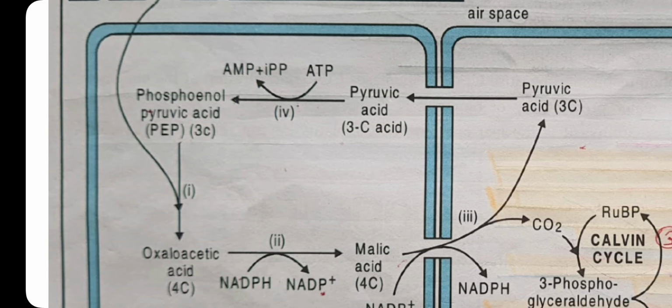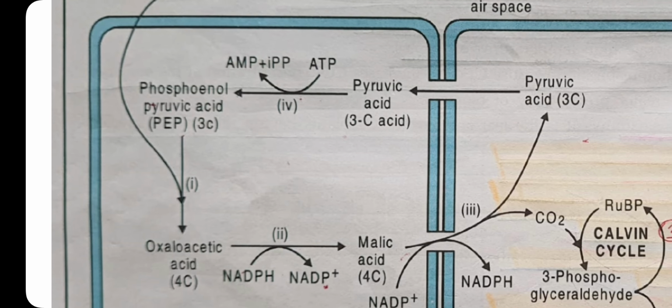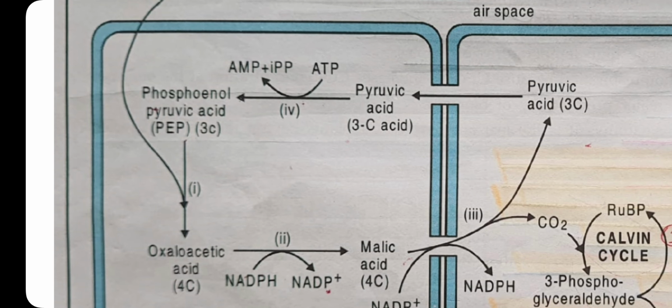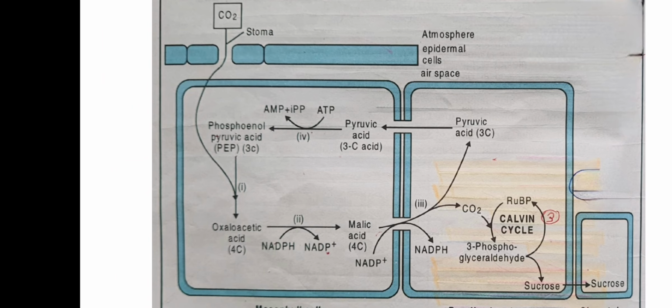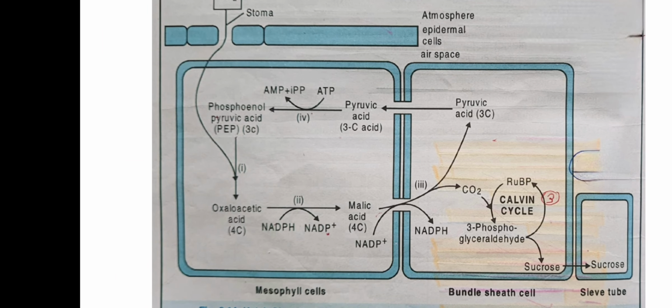Phosphoenol pyruvic acid absorbs the CO2 to form oxaloacetic acid, which is a 4 carbon compound. Then it is converted to malic acid, which moves to the bundle sheath cell, where the actual Calvin cycle occurs.